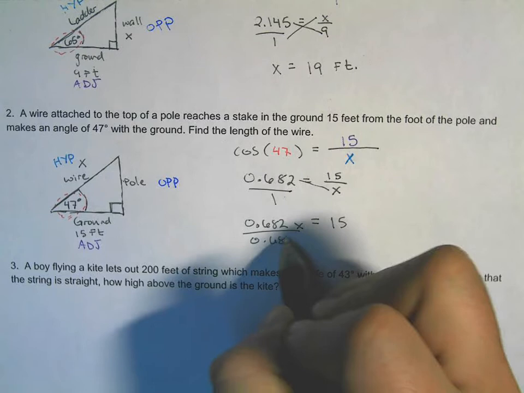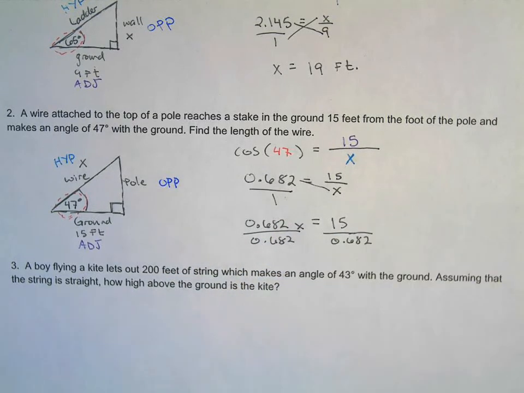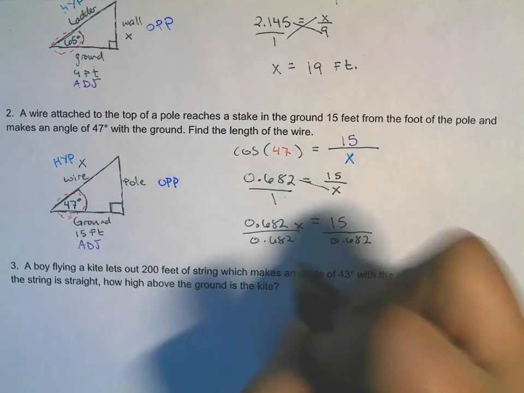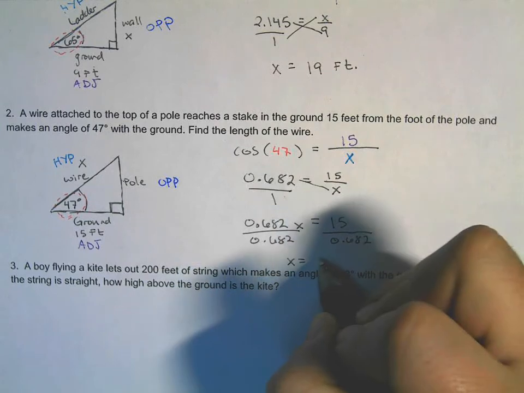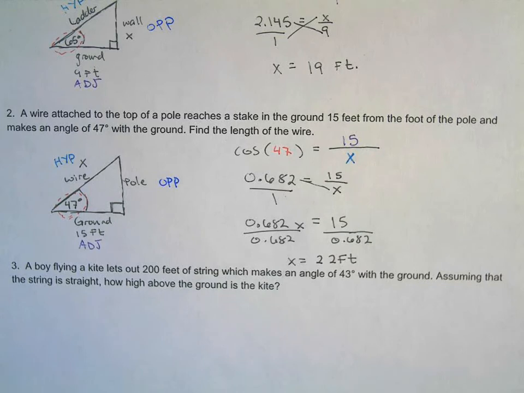Now I'll divide by the decimal, and we're done. So 15 divided by 0.682 is equal to 22. So x equals 22 feet. The wire is 22 feet long.